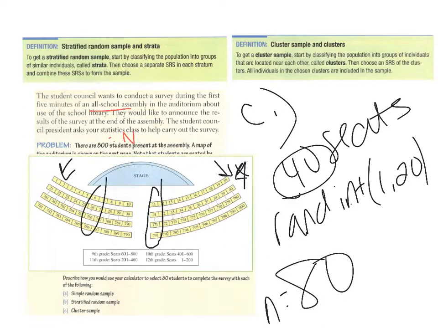I'd get my sample of 80. It should be representative of the population because it should include seniors, juniors, sophomores, and freshmen. But that would be how we would cluster sample that. We're going to look at a few more examples of these. Again, I will say the complete answer, but I will not write it all out. It would be difficult for you to read if I did.